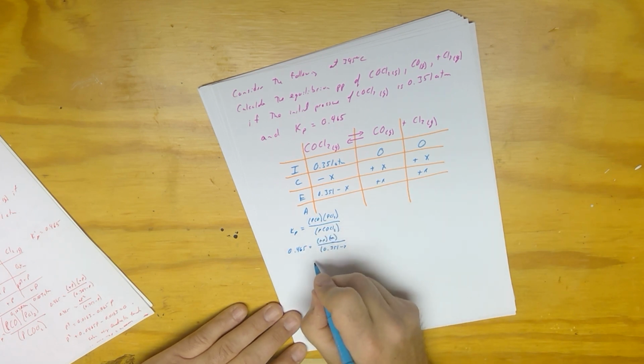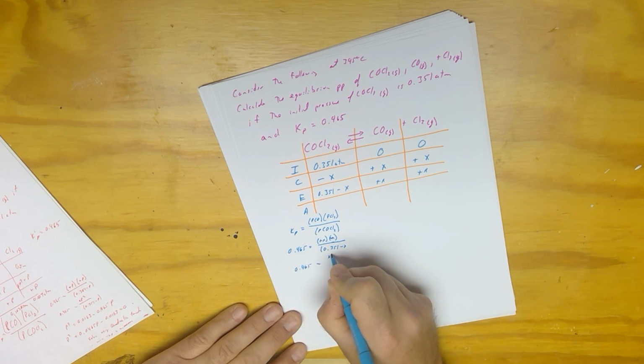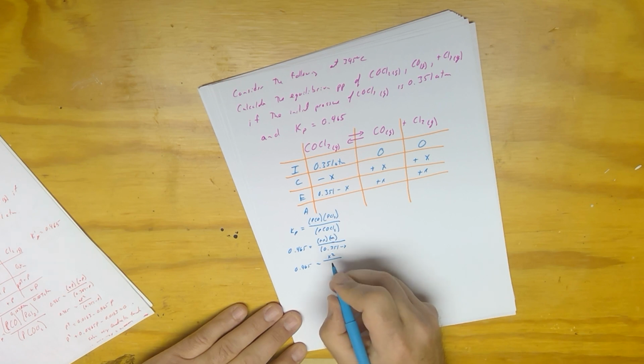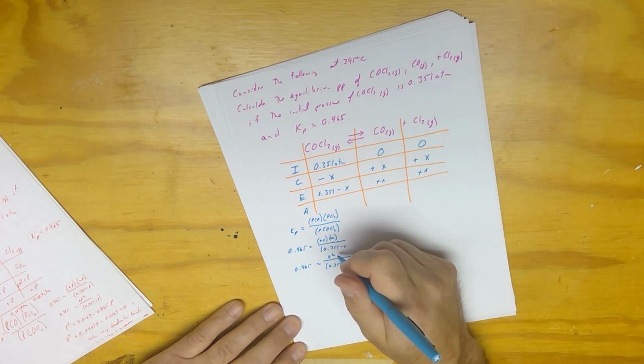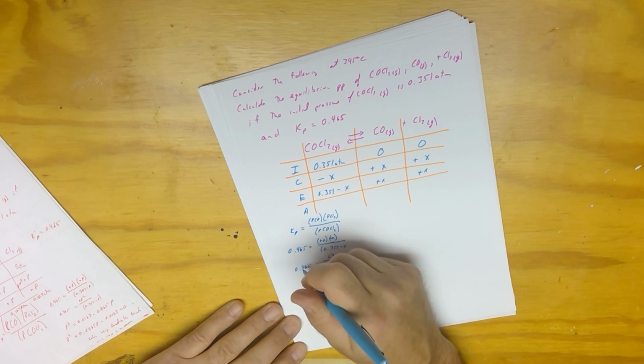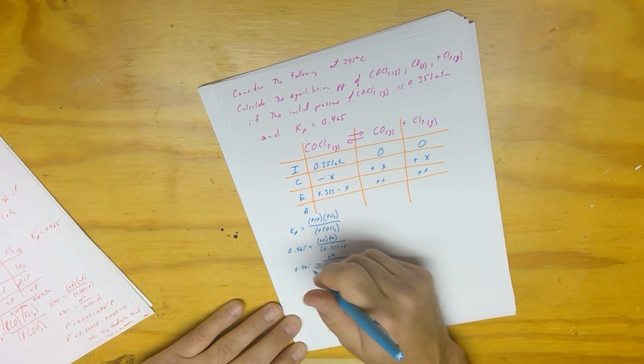All right, so when we do some math here, we have 0.465 equals x squared over 0.351 minus x. Okay, all right, well, let's get x squared by itself. So we're going to have to distribute.